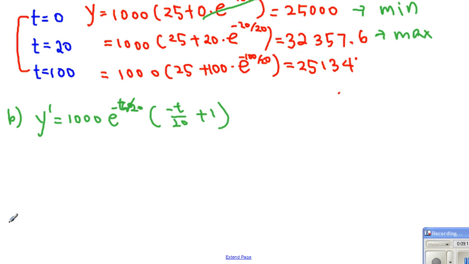Now, what we like to do is to get y double prime. We're just going to do the product rule one more time. Then 1000, I'm just going to leave it alone.